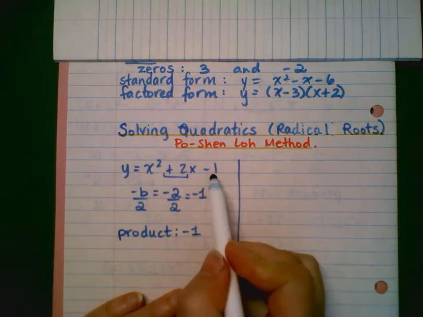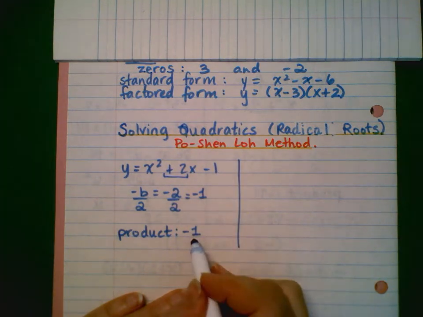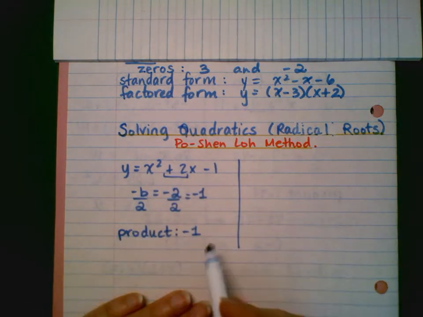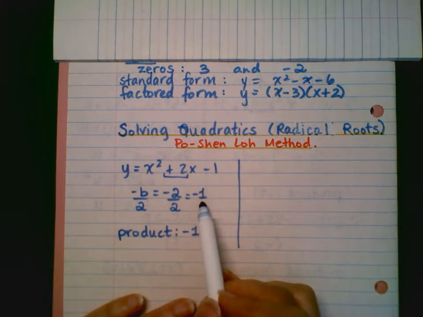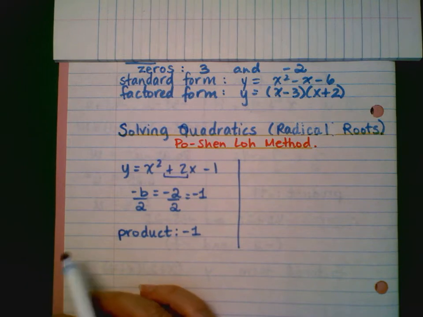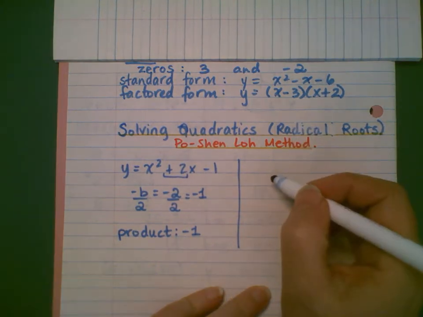So this -1 constant value represents the product of the two factors that would, if this was factorable. This -1, which is -b/2, represents the axis of symmetry, the location of the axis of symmetry, x equals -1, if you were to graph it.